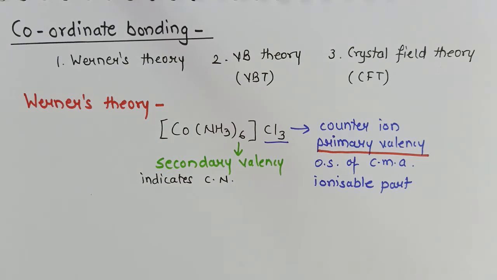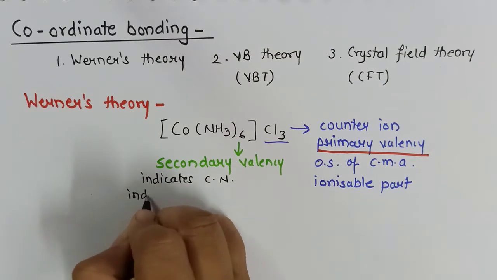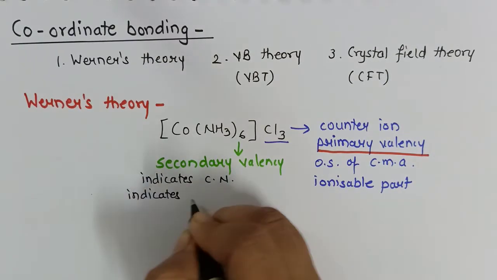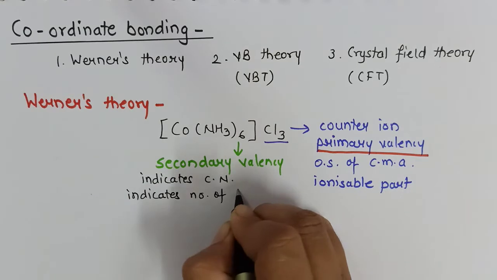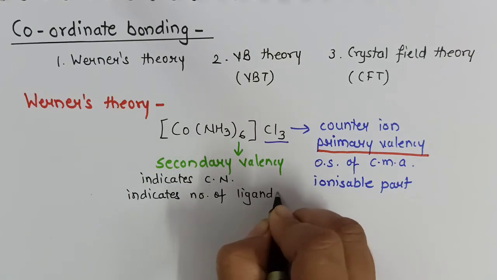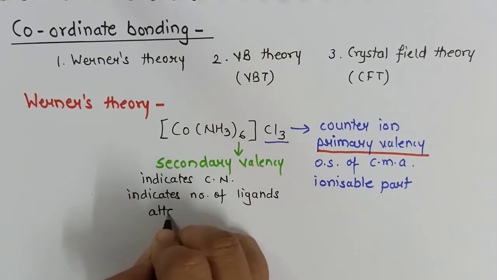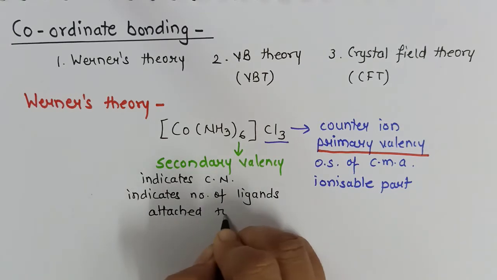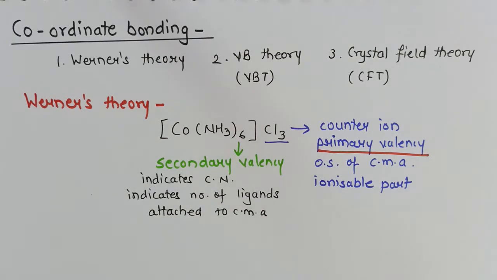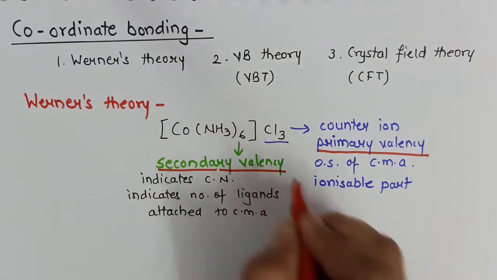The secondary valency also indicates the number of ligands that are attached to the central metal atom. So according to Werner's theory, a complex exhibits two types of valencies, primary valency and secondary valency.